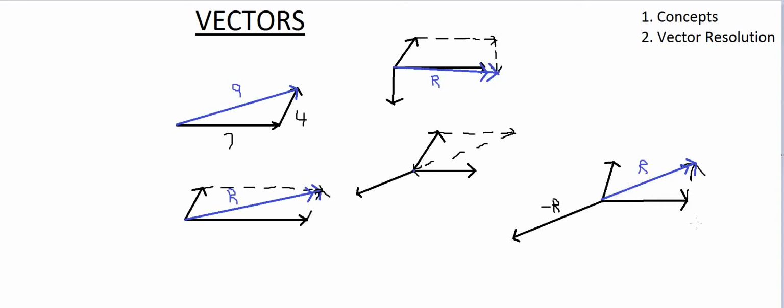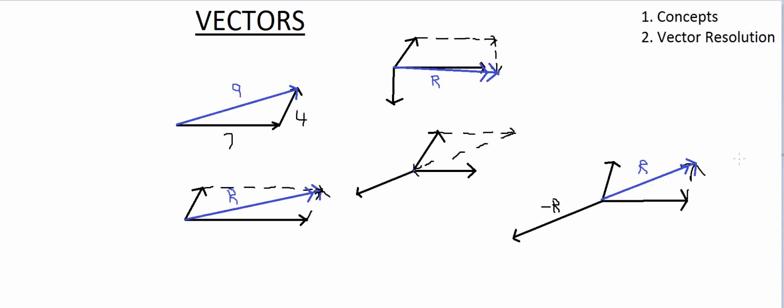So basically, this third vector will cancel out the resultant vector of the other two vectors, and since they cancel each other out with the same magnitude and opposite direction, the system will return to equilibrium here.